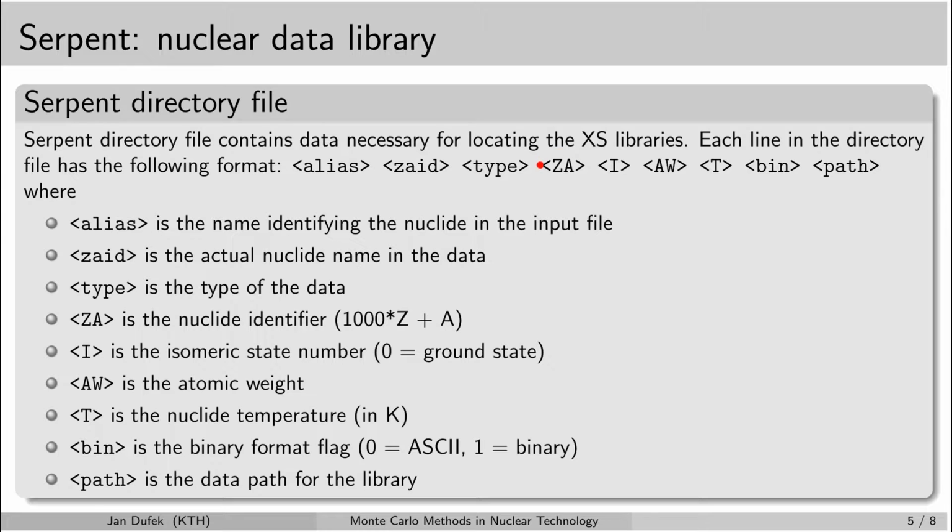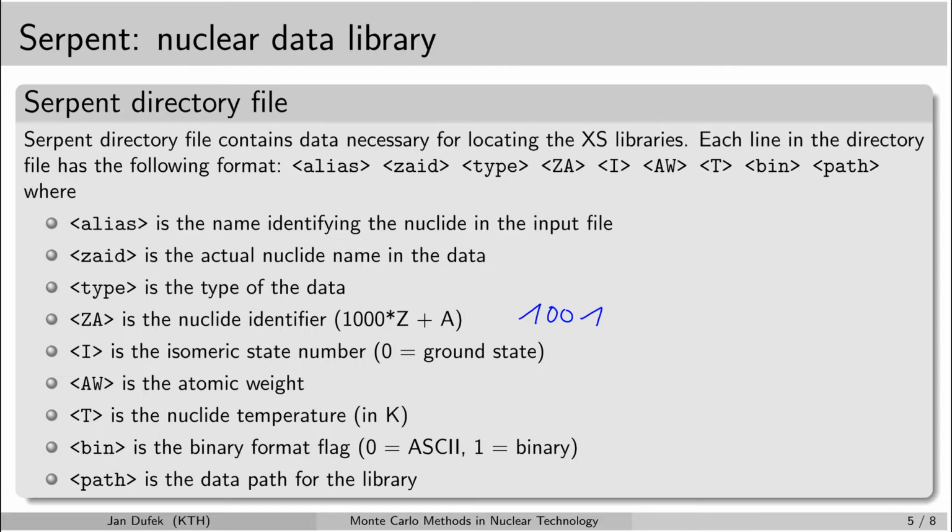The next parameter is the nuclide identifier. It's calculated according to this formula, so it is an integer number. In this formula, Z is the number of protons and A is the mass number. So for instance, for hydrogen-1, the ZA nuclide identifier is 1001.